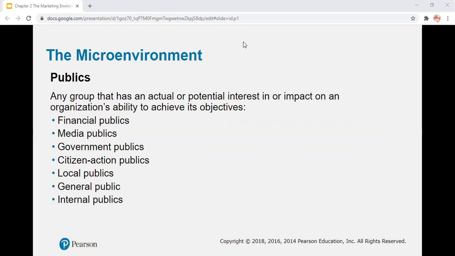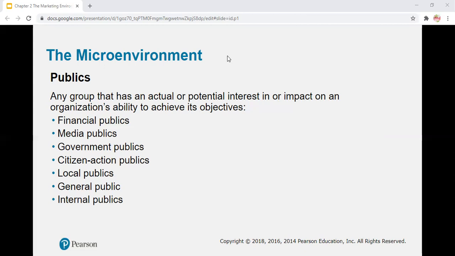So publics are any group that has an actual or potential interest in or impact on an organization's ability to achieve its objectives. So here we talk about first financial publics. Financial publics: this group influences the company's ability to obtain funds.